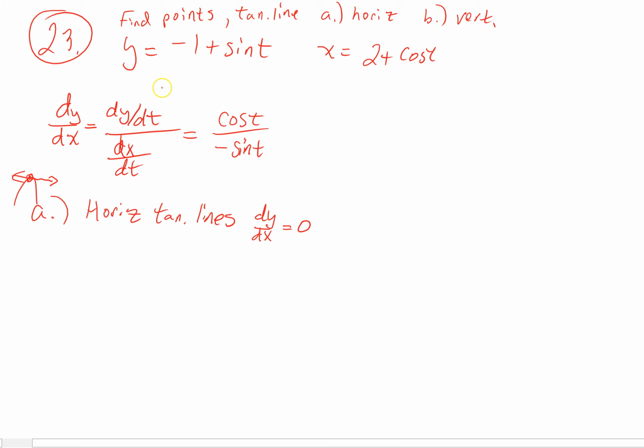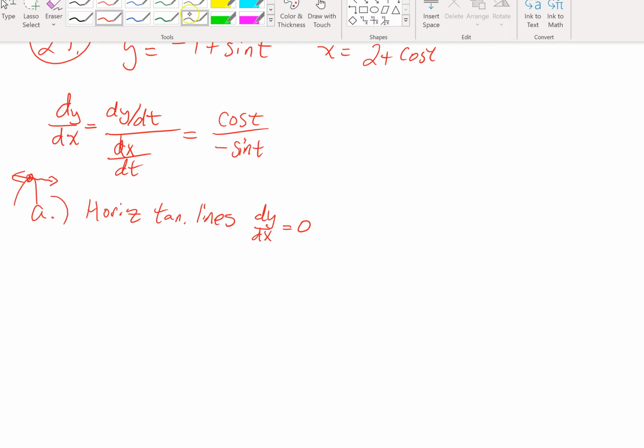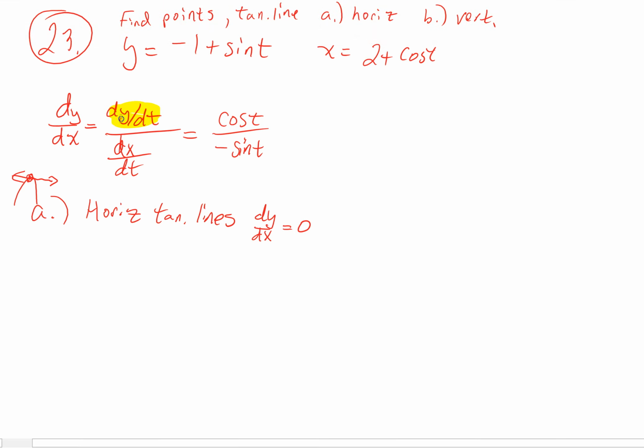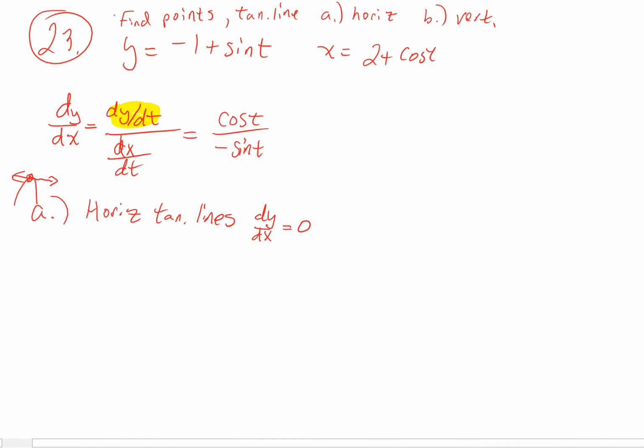And if you've got this fraction, a fraction is 0 when its numerator is 0. So I'm going to say, i.e., dy/dt equals 0. So let's just set cosine of t equal to 0.